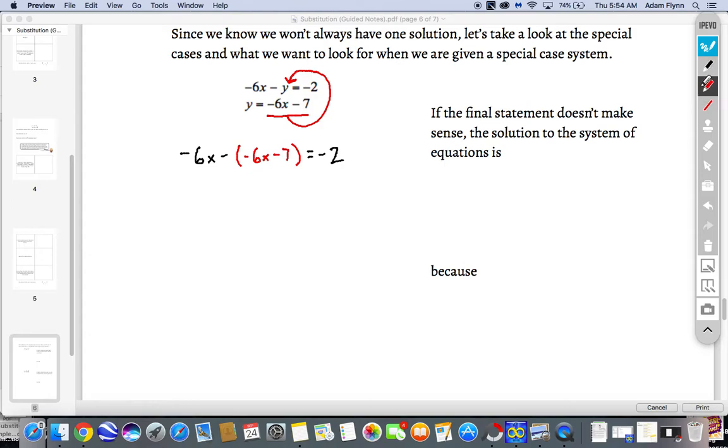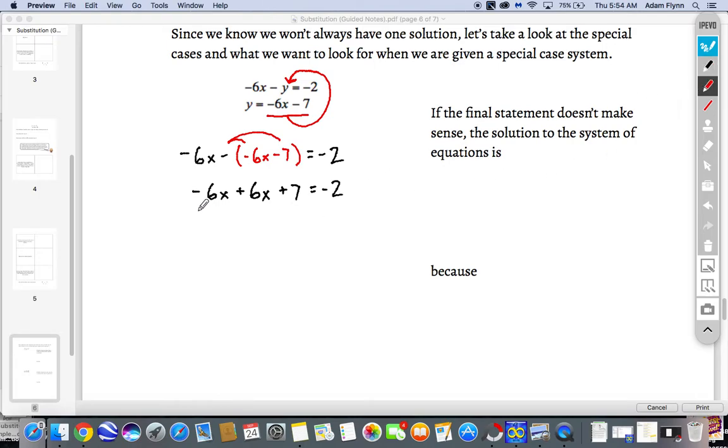So if I continue to solve and I get rid of those parentheses by distributing, I get negative 6x, negative 1 times negative 6x is going to be positive 6x. And negative 1 times negative 7 is going to be positive 7 equals this negative 2.